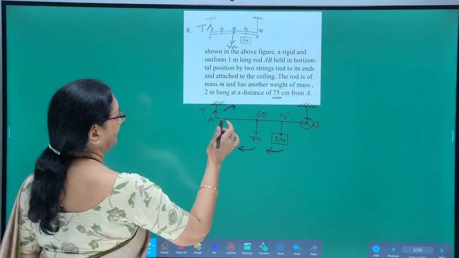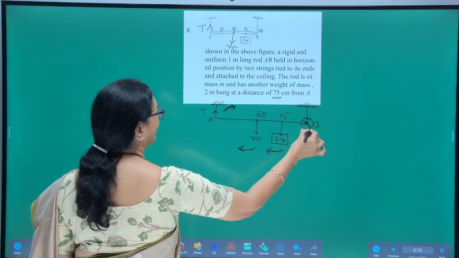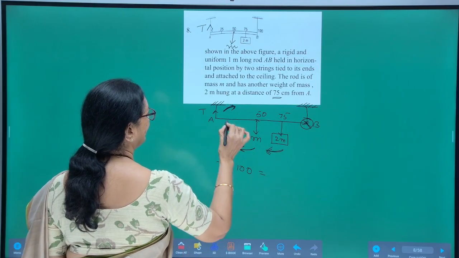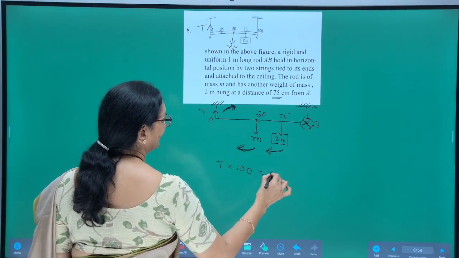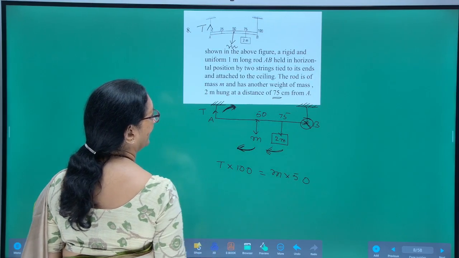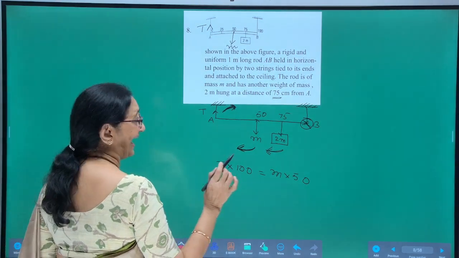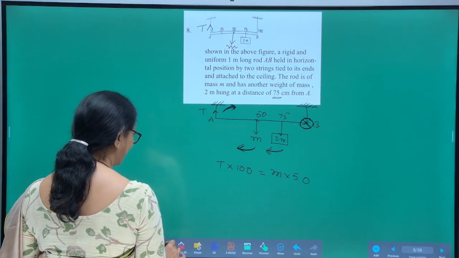See, this is perfect. So, here the clockwise moment about this point is T into 100, that is equal to, this is anti-clockwise, this is clockwise, m into 50. Actually the mistake is, I said we are taking this as the reference point, isn't it?